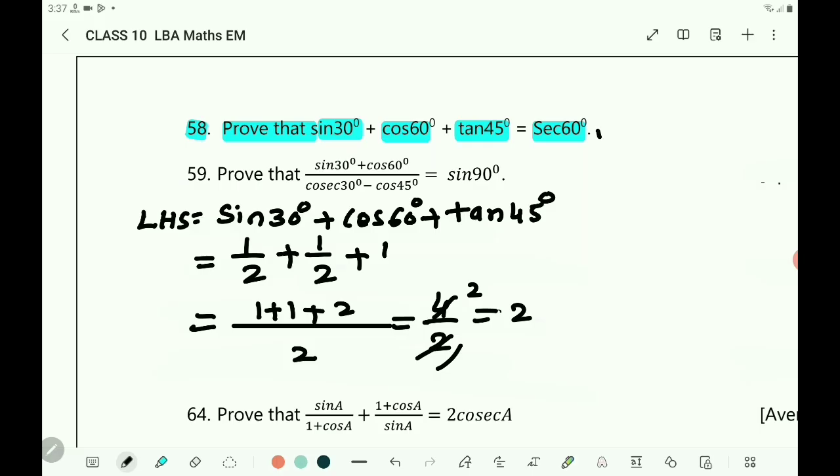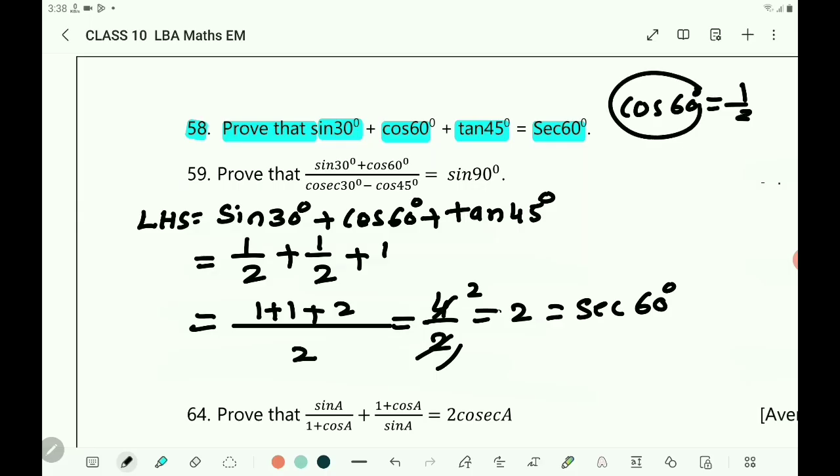And here secant 60, you know that secant 60 is 2, because you know that cos 60 is equals to 1 by 2 and secant is its reciprocal, therefore secant 60 is 2. Therefore this 2 is equals to secant 60 degree.